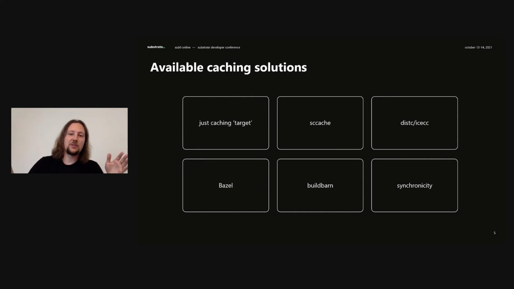And on the opposite side of the scale, there is Synchronicity, which is a project by the amazing team at iClusion. And it is very ambitious because it aims not only to create a project-local build cache, but it aims to build a global build cache.